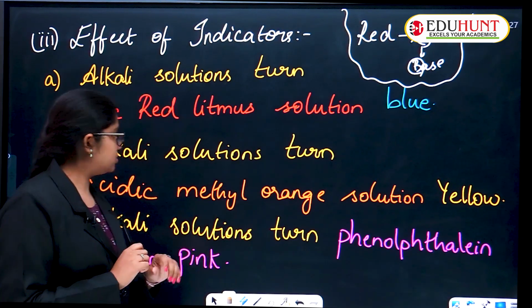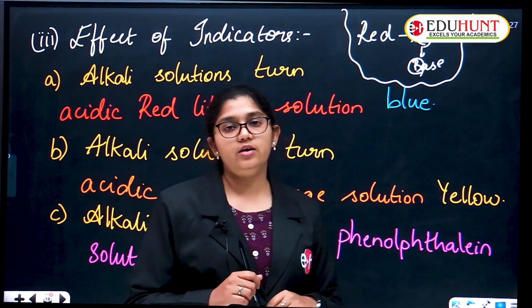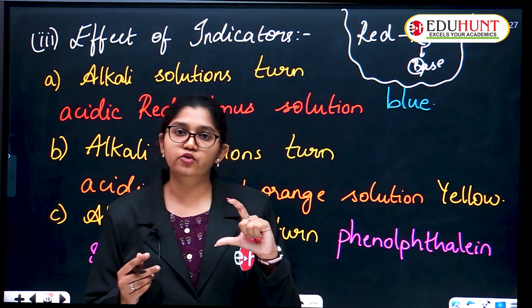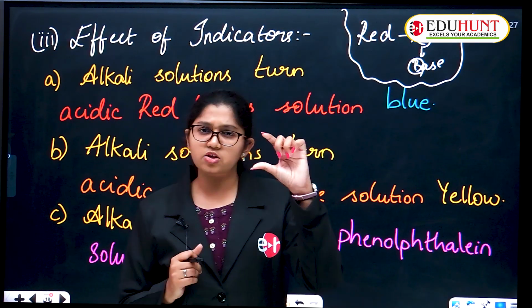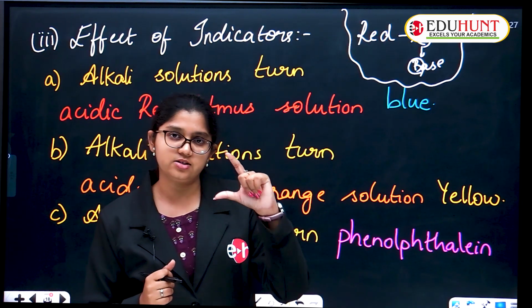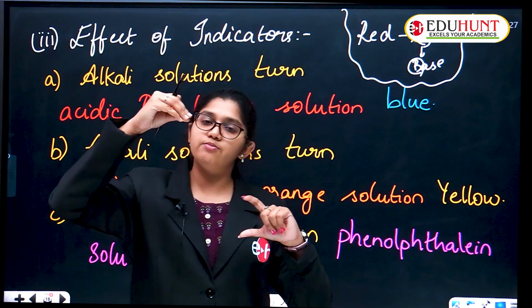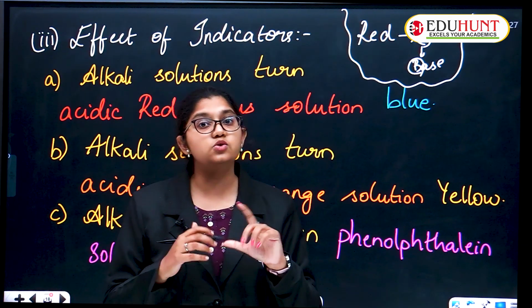And next one, methyl orange. If you take again the sample of a base, and add some drops of methyl orange, it is generally an indicator, children, in a small bottle, and that is orange in color. If you add some drops of methyl orange into the solution of base, what happens? It turns into yellow color.